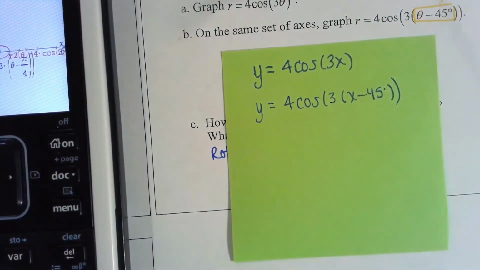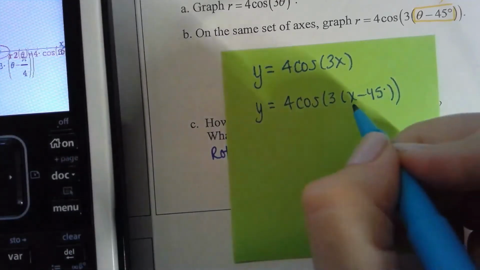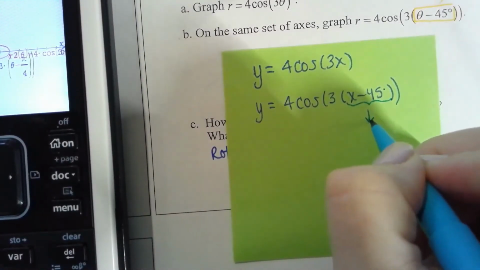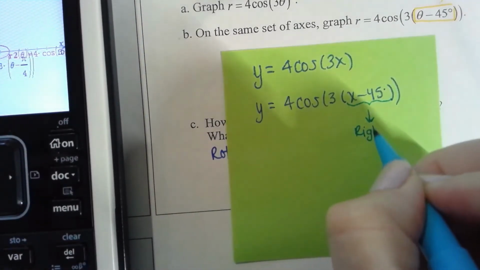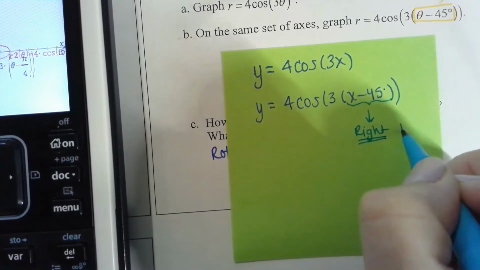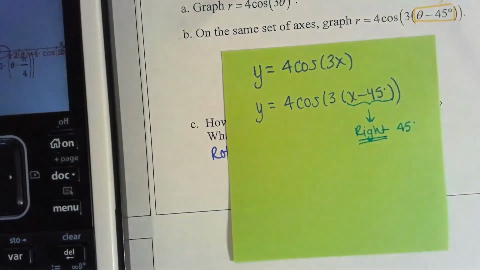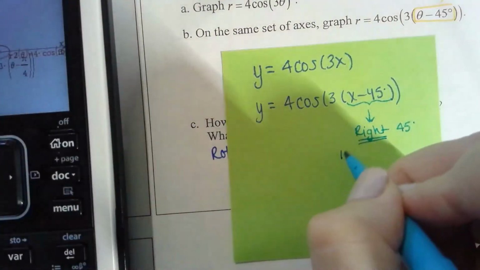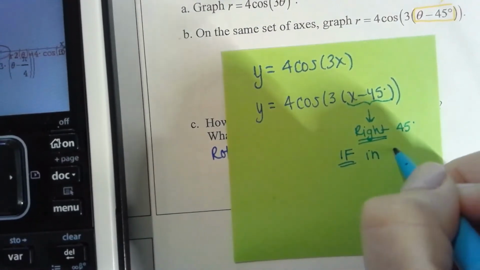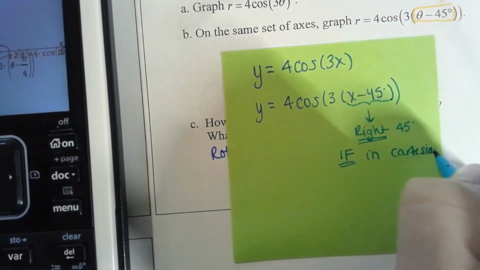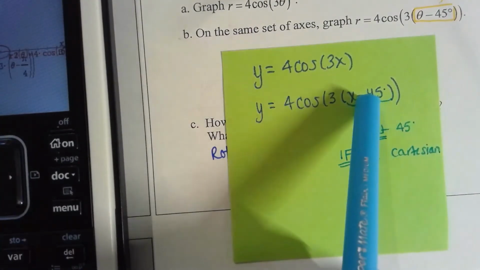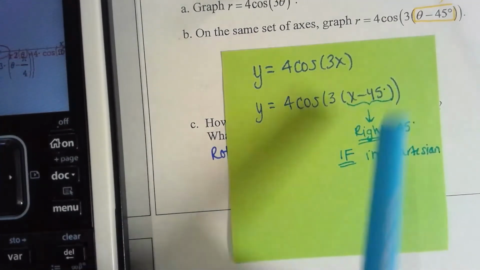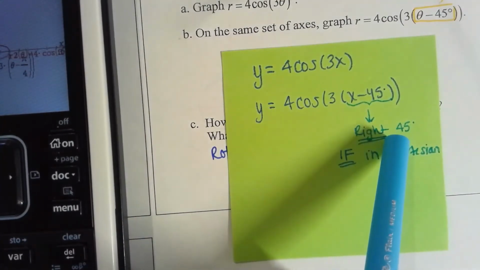We know, because we've been doing it all year, when you have a change to the x, it's a horizontal change, and that would have moved our graph to the right 45 degrees if we were in Cartesian. We're not, though. We're in polar. So it did not move the graph left or right. The pole, the center of that flower, stayed in the same place. But remember how we use that opposite sign? If that said minus 45, we went to the right 45 degrees.